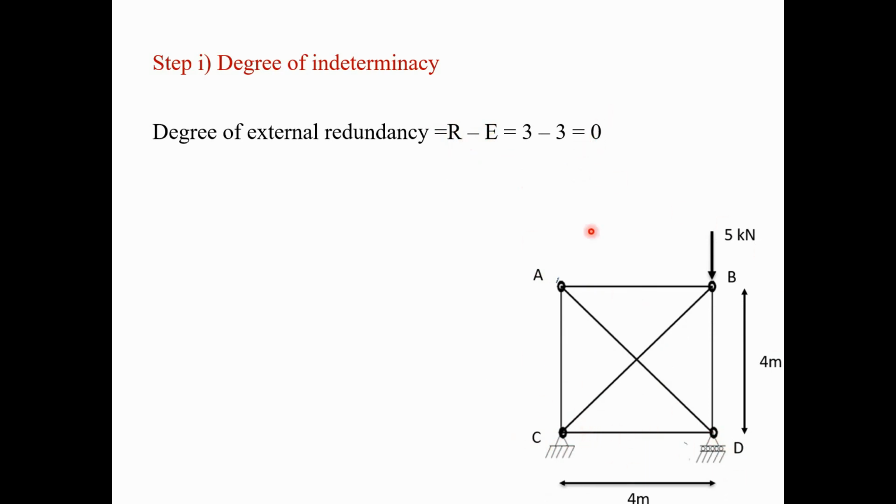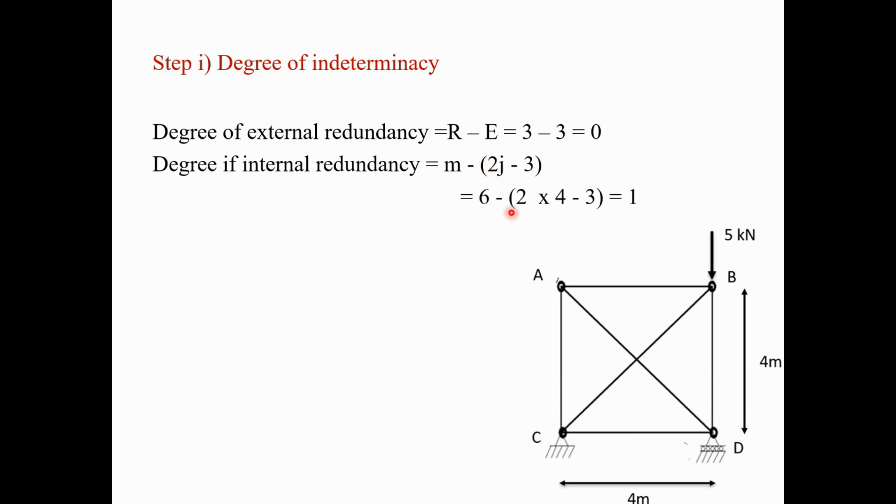So this truss is statically determinate externally, but to find its degree of internal redundancy, we have the equation m minus 2j plus 3. The number of members of the truss is 6 and the number of joints is 4. So 6 minus 2 into 4 plus 3, and we got the degree of internal redundancy as 1.